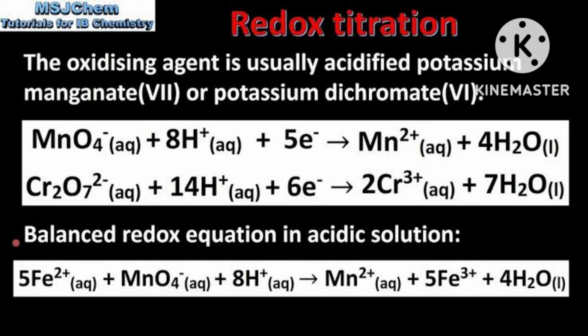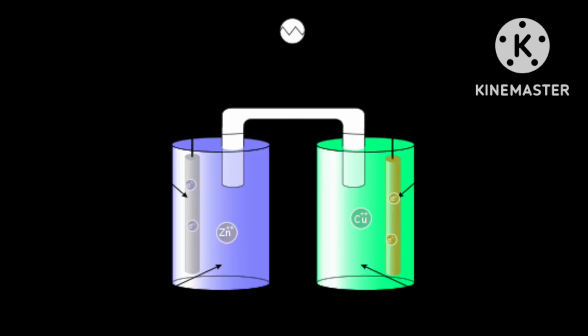in that you will fill saturated KCl solution. This is called a salt bridge. The shape will be a U-tube. This will connect both solutions, ZnSO4 and copper sulfate.